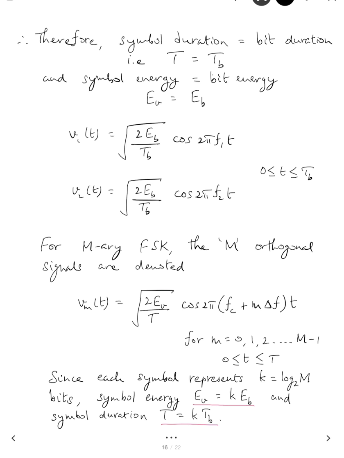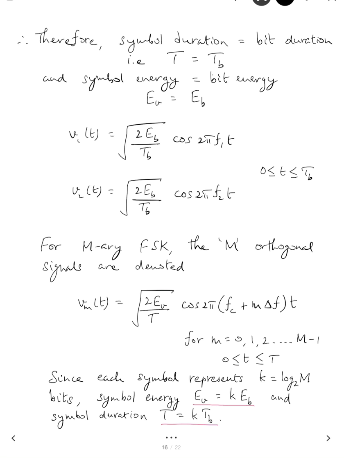So the number of bits in each pulse is going to be 2. So the energy here is for 2 bits, right? So EV is 2 bits times the bit energy, or the bit energy is basically this bandpass energy divided by the number of bits in that particular symbol duration. And similarly, if we have one pulse of duration T representing 2 bits, that means the duration of each bit is T by 2, right?